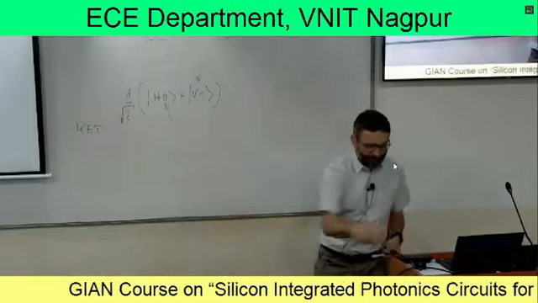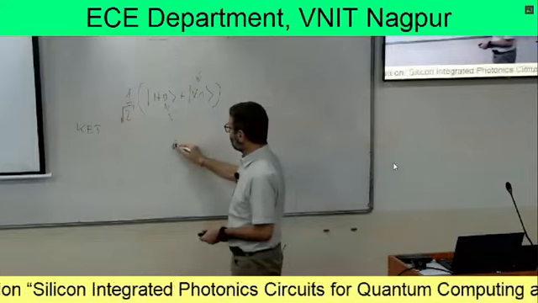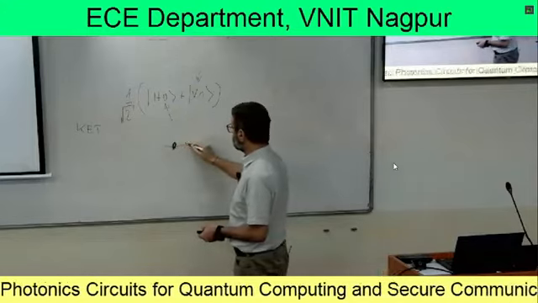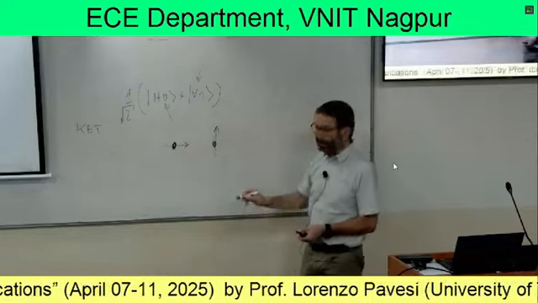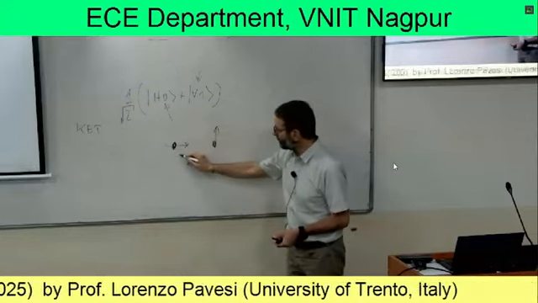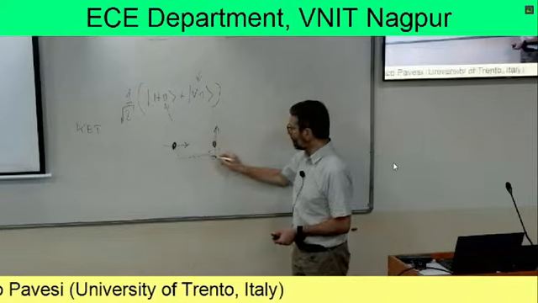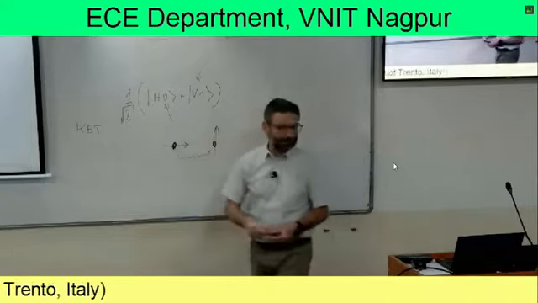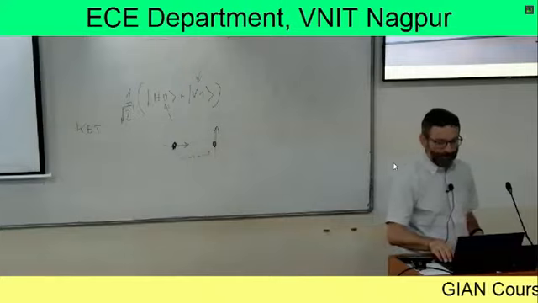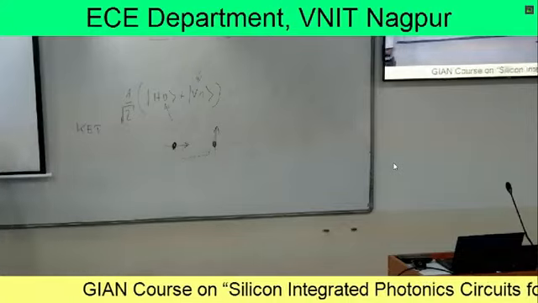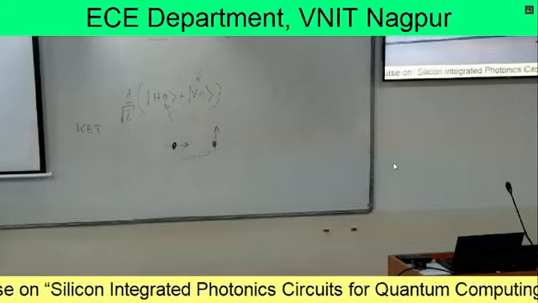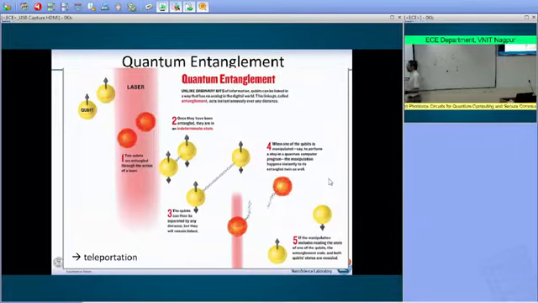One photon has a horizontal polarization, and the second photon has a vertical polarization. But those two photons, you see the plus, those two photon states are correlated, are entangled, okay? And here this entanglement is represented by the chain. So they are strongly related.